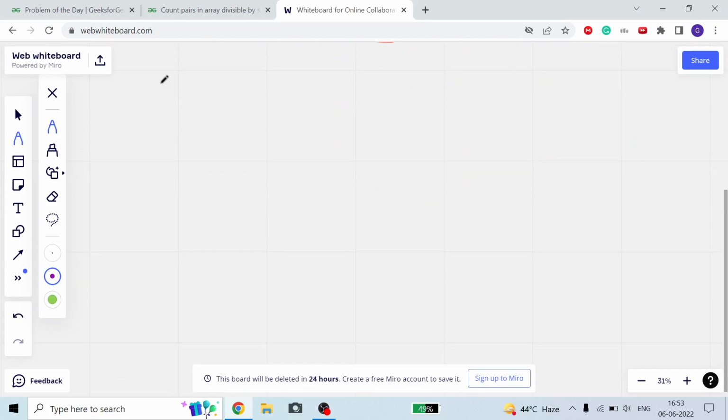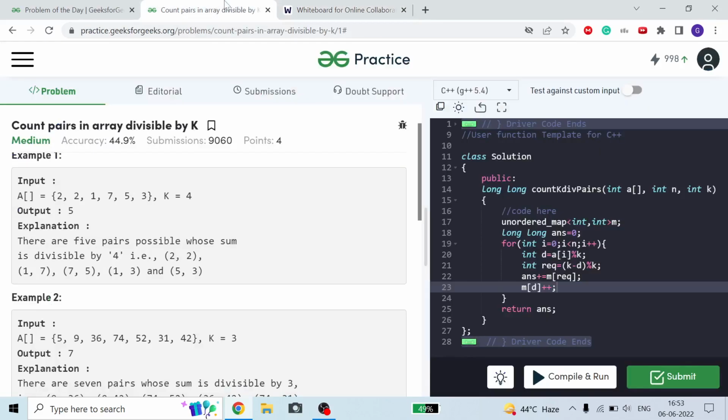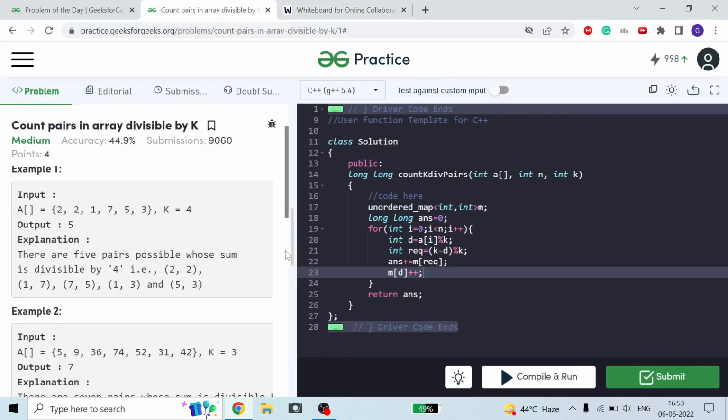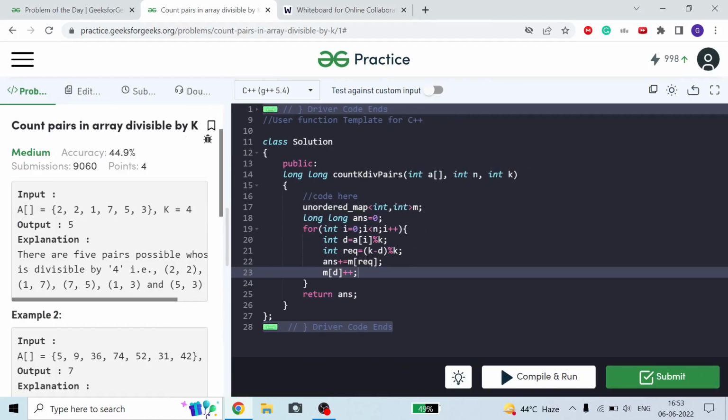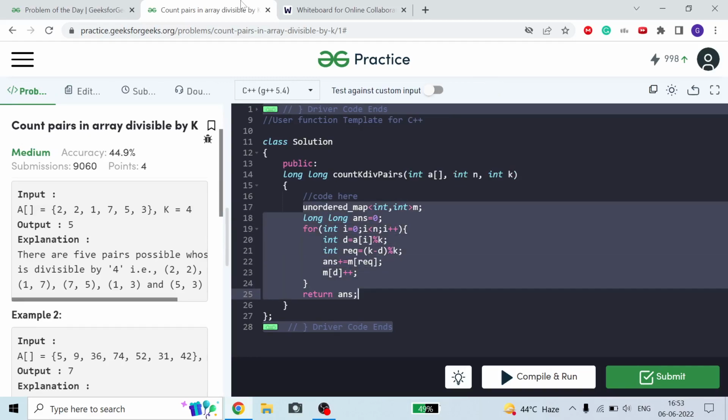So how will we do it? We will take an unordered map, initially empty. I am just going to copy paste the code so that it will be very easy for us to understand.